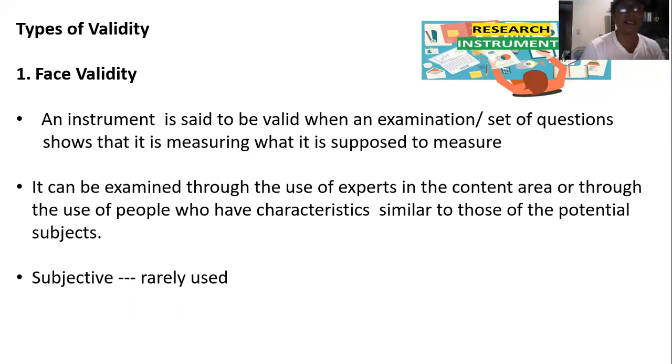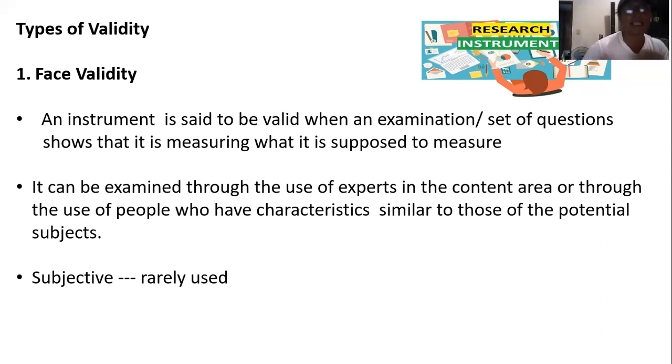Now, let's talk about the types of validity. There are 4 types of validity: face validity, content validity, criterion validity, and construct validity. So let's talk first on face validity. You apply face validity if you have developed your own instrument or questionnaire, and you have to present your own developed instrument to the experts for evaluation.